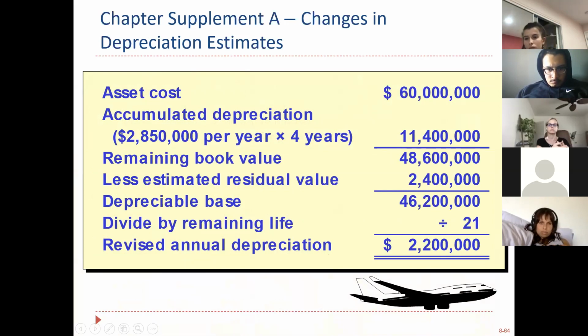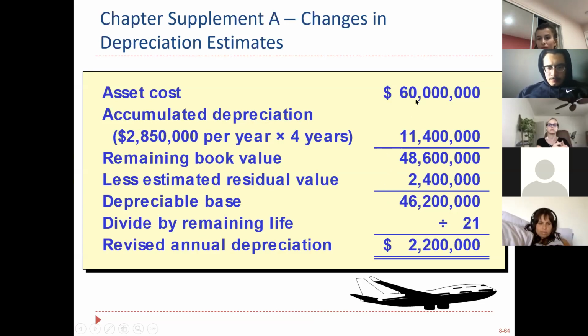Now we have to depreciate this over the remaining 21 years, because this change occurred in year 4. After year 4, we have a new residual. There's our new base. Confused, everybody? A little tricky, huh? A little tricky.